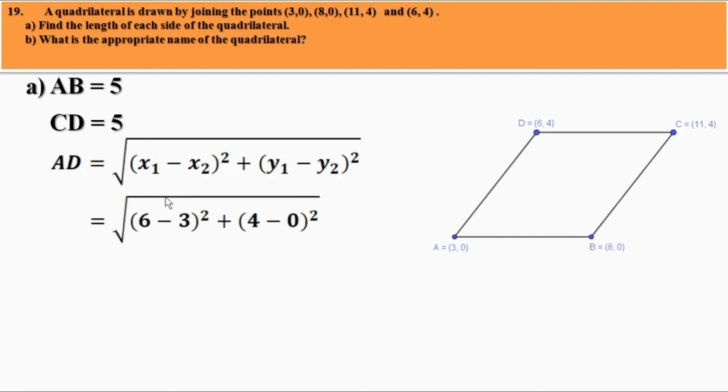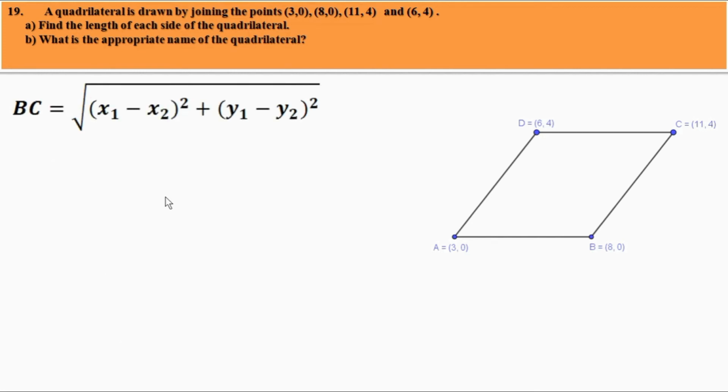So we can write root of (6 minus 3) whole square plus (4 minus 0) whole square. 6 minus 3 is 3 and 4 minus 0 is 4. So we can write it as root of 3 square plus 4 square. 3 square is 9 and 4 square is 16. So we can write it as root of 9 plus 16, and that is equal to root of 25, and that is equal to 5.